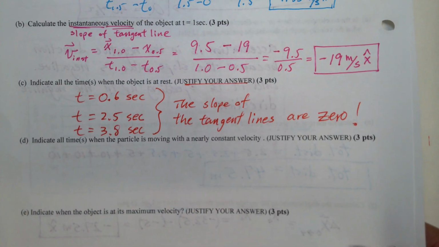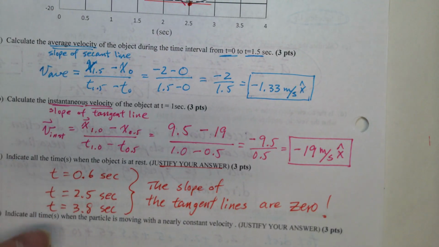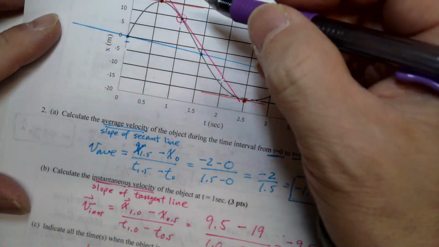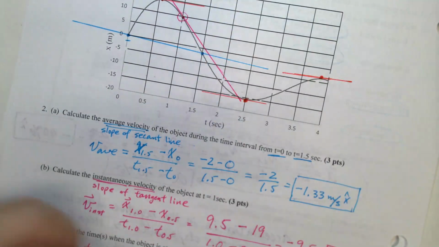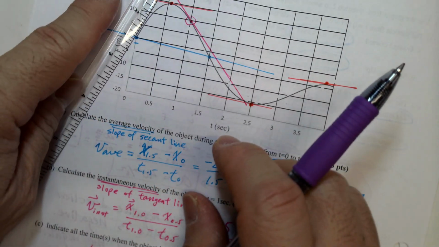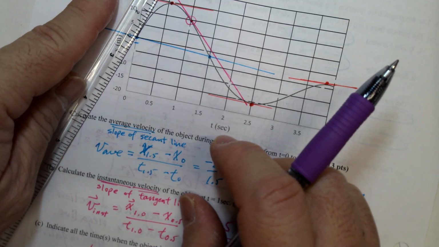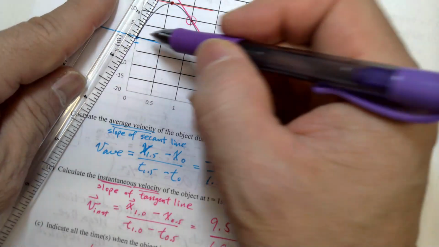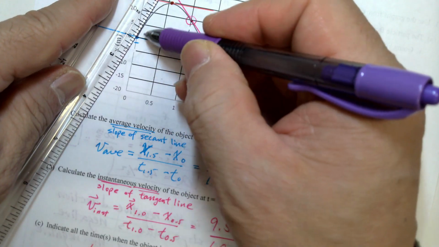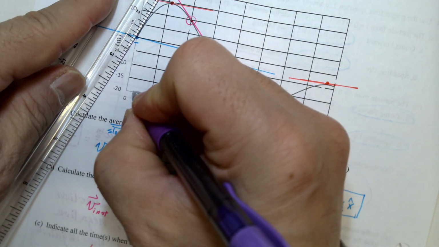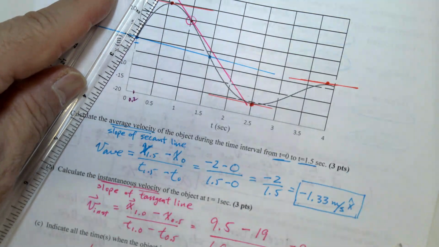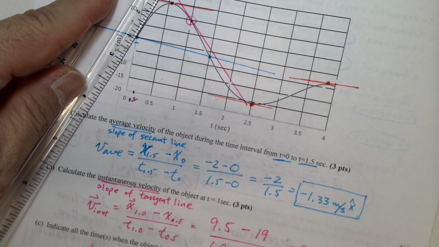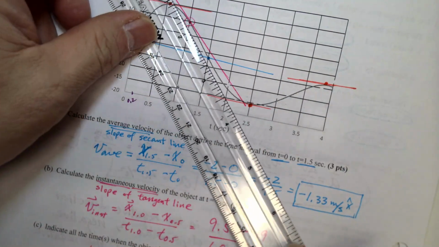Nearly constant velocities. Well, that's kind of subjective, I think, but if I were to use my ruler, I don't know, maybe from like 0 to 0.2, right? So when t is equal to 0 to 0.2 seconds, and then maybe here.